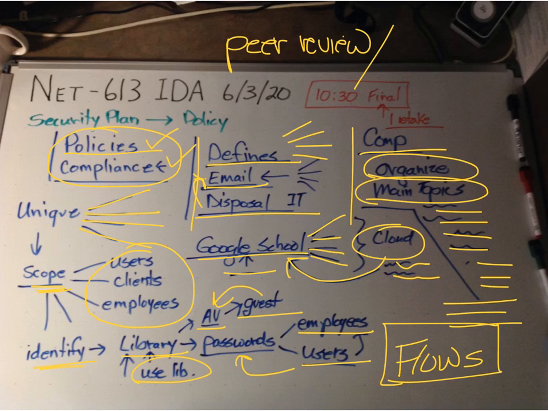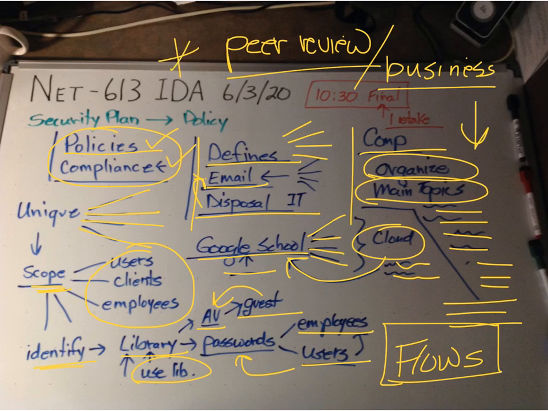Maybe there's somebody at the business that can look through your information and see what you think. Make sure it's logical and it flows. And I need to know who that is. So somewhere you have to have it in your document. Okay, wrap things up tomorrow.